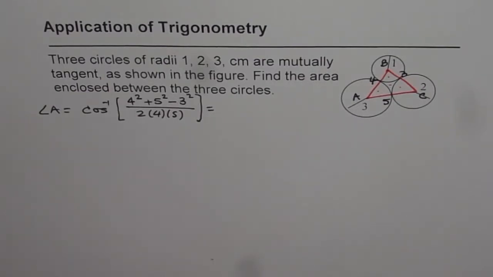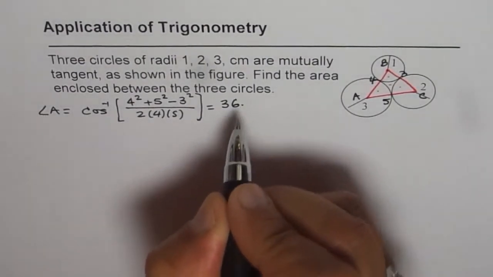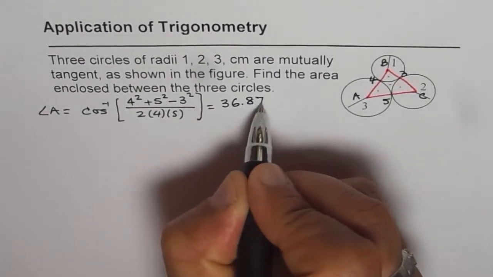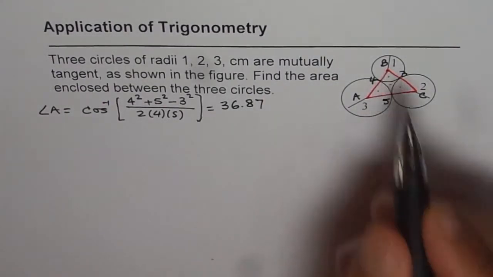So it is 4 square plus 5 square minus 3 square, bracket close, divided by bracket 2 times 4 times 5 bracket close, equals 36.869. So it gives us 36.87. Now let's find angle B.